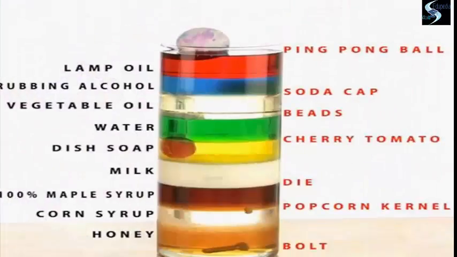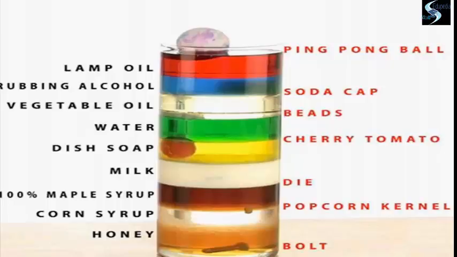So now let's take the example of many substances together and see the difference between the densities of these substances. You can see the higher density substances will go downwards in this beaker, that is, they will sink more, and the lighter ones will float more. So the highest density in this example is the iron bolt.